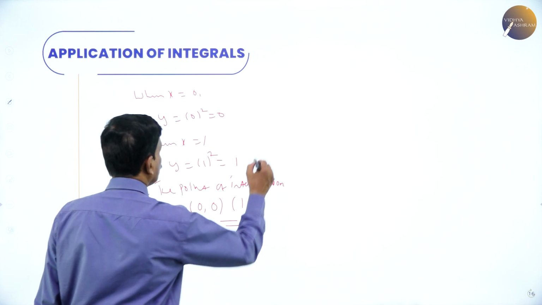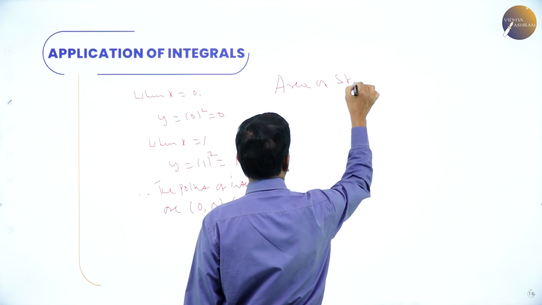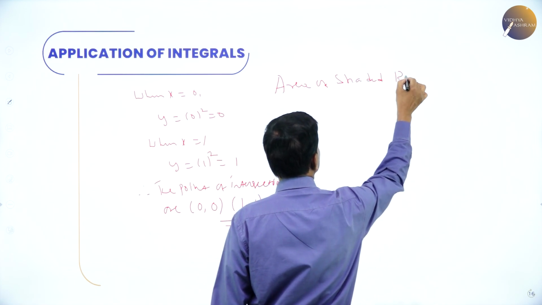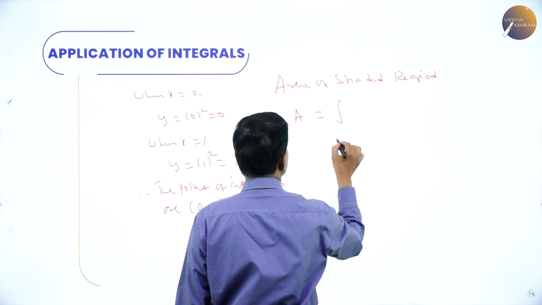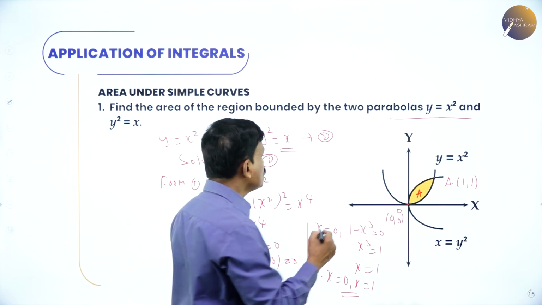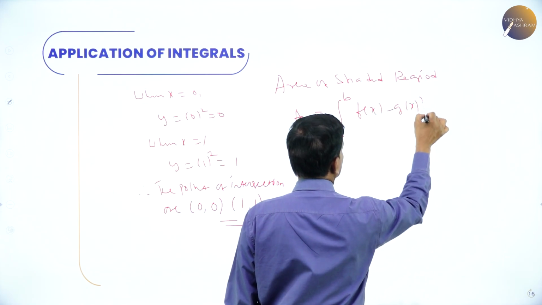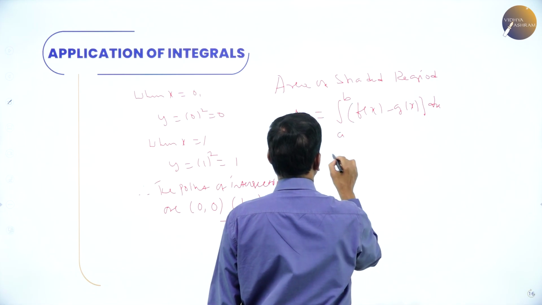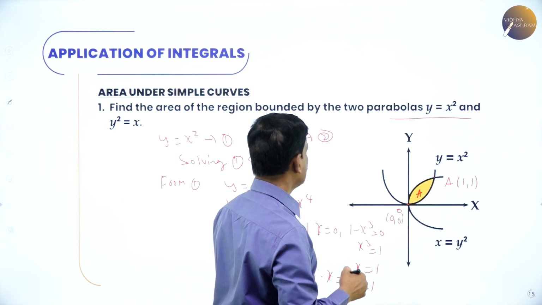So therefore the required area of the shaded region is equal to the integral from a to b of f of x minus g of x dx. So that is nothing but integral from 0 to 1 of f of x minus g of x.